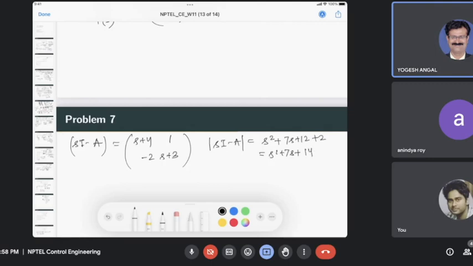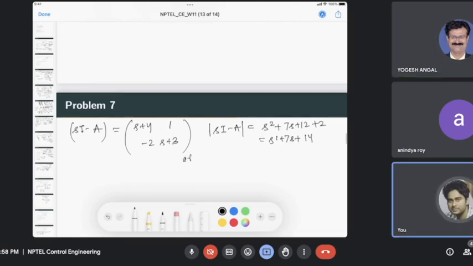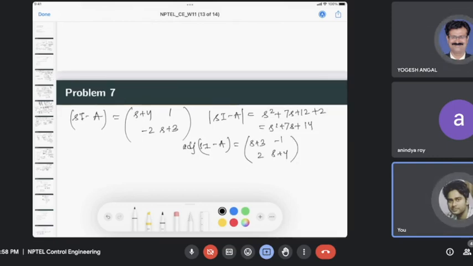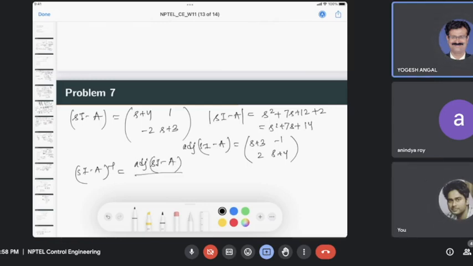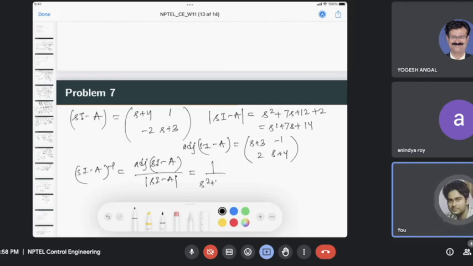Then we compute the adjoint of sI minus A. It will be S plus 3, minus 1, 2, S plus 4. Then (sI minus A) inverse will be the adjoint divided by the determinant of sI minus A. In the denominator it will be s square plus 7s plus 14, and the adjoint we have is S plus 3, minus 1, 2, S plus 4.